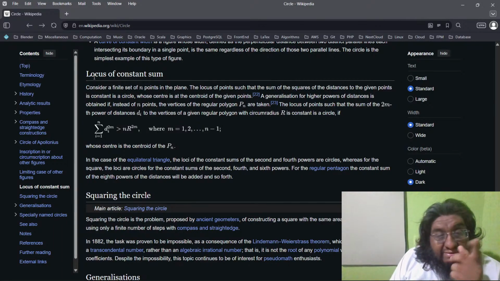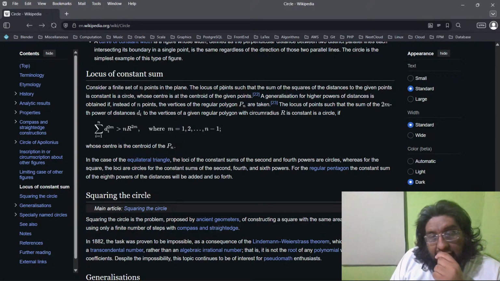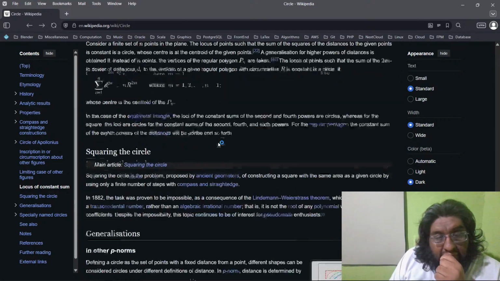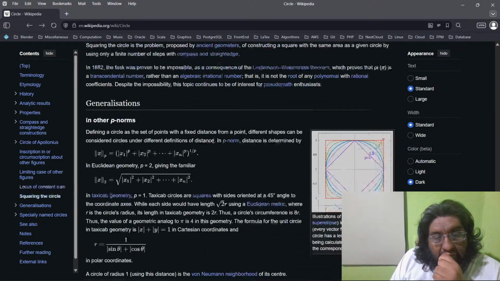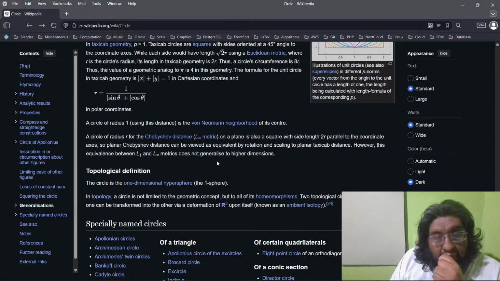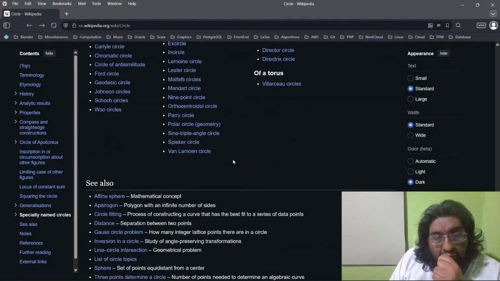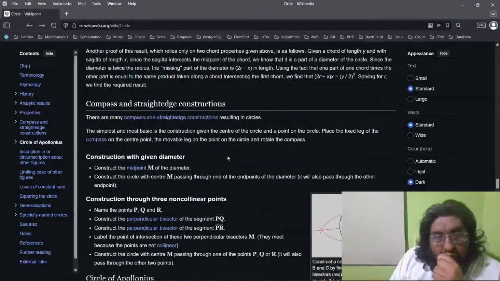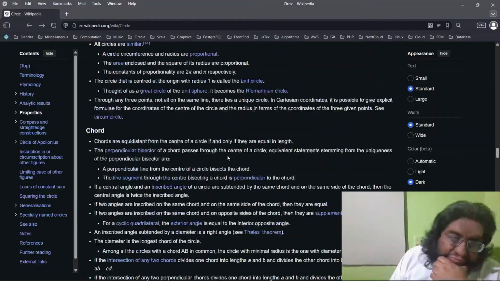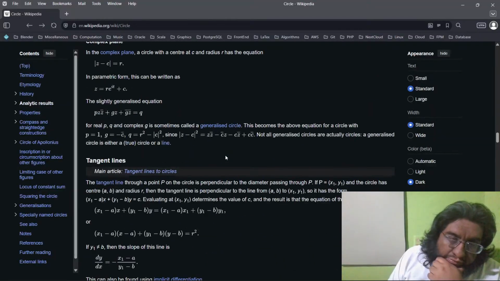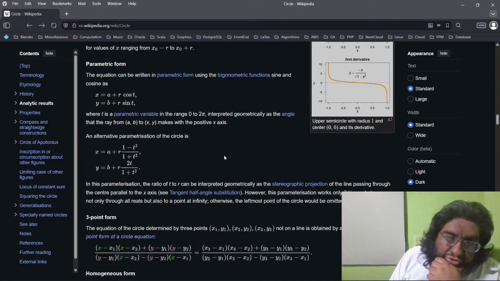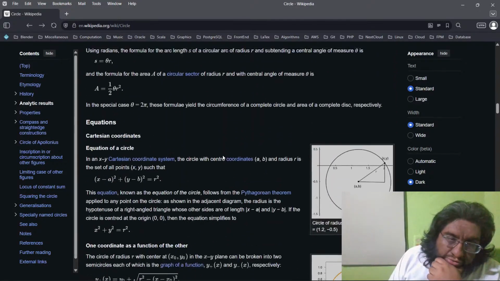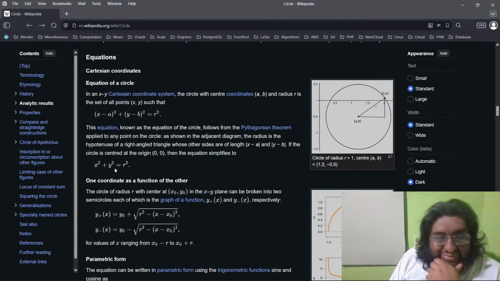This term is in the book. So let's suppose, yeah, what can we do with this?